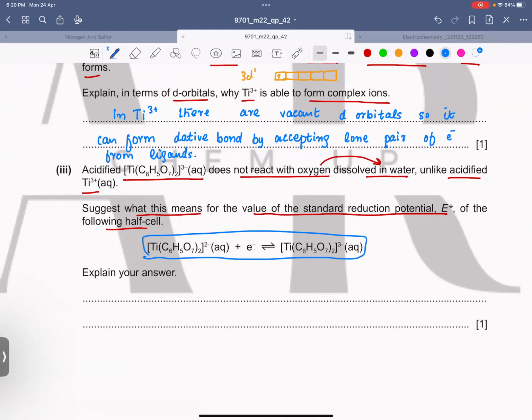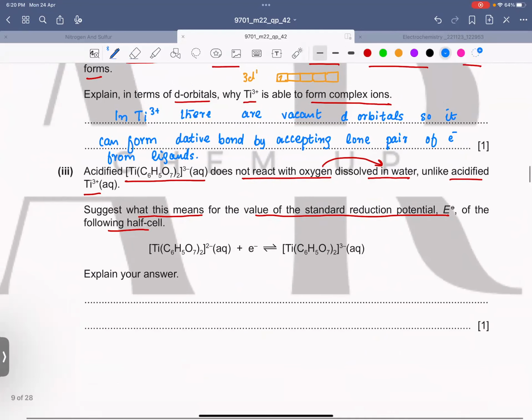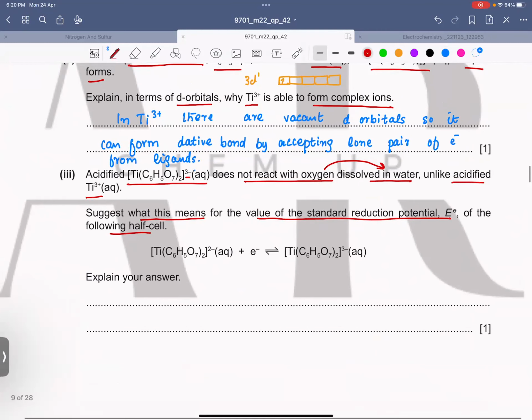Yes sir. If you see over here, the complex that they have mentioned, what is the oxidation number of that one? 3 minus, which is over there in the product side. So when they are talking about the reaction with the oxygen, when it undergoes backward reaction, that backward reaction could only occur if its E naught value is actually lower than 1.23, then the reaction would occur.